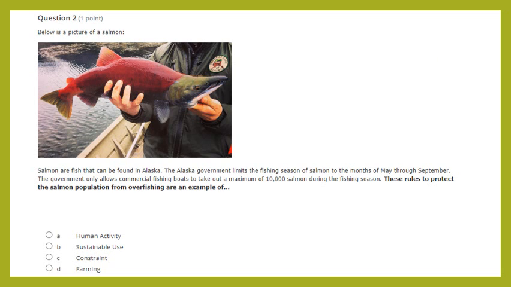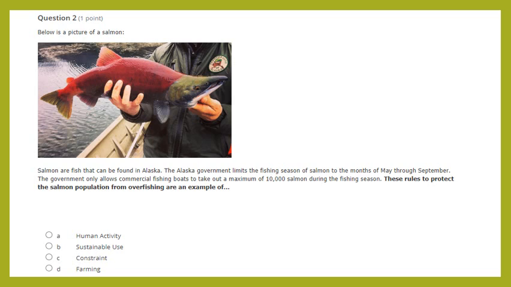All right, question 2. Below is a picture of a salmon. Salmon are fish that can be found in Alaska. The Alaska government limits the fishing season of salmon to the months of May through September. The government only allows commercial fishing boats to take out a maximum of 10,000 salmon during the fishing season.